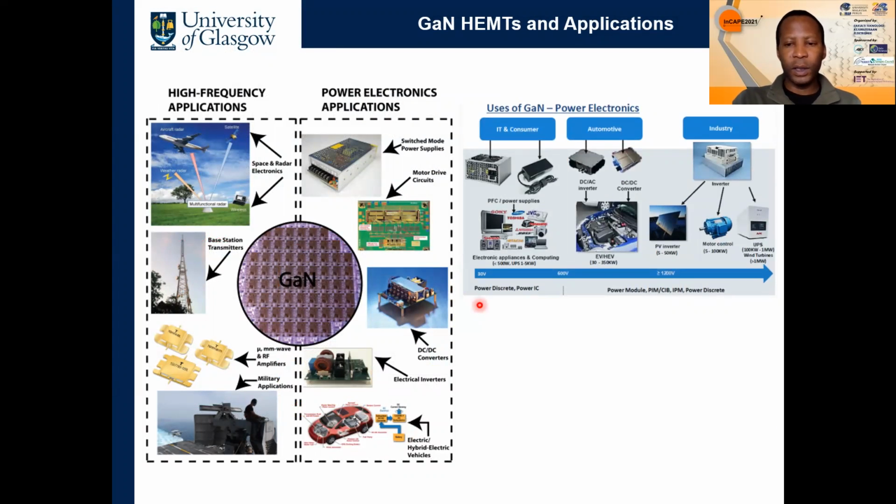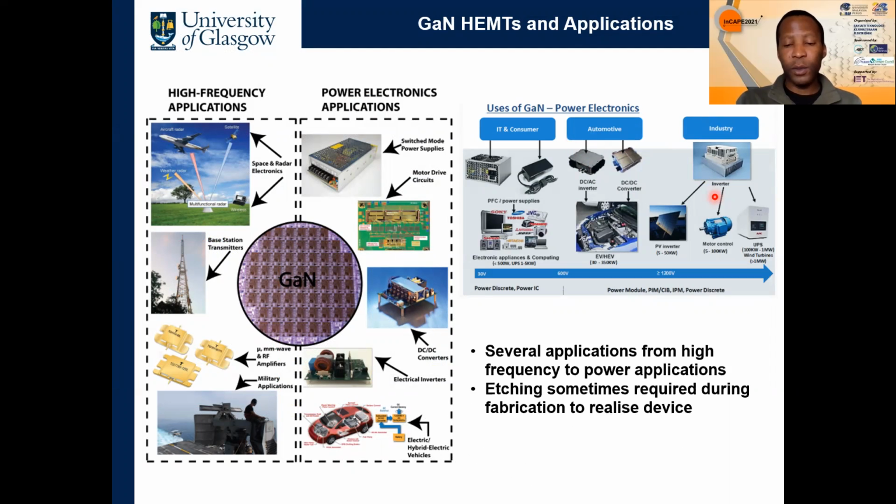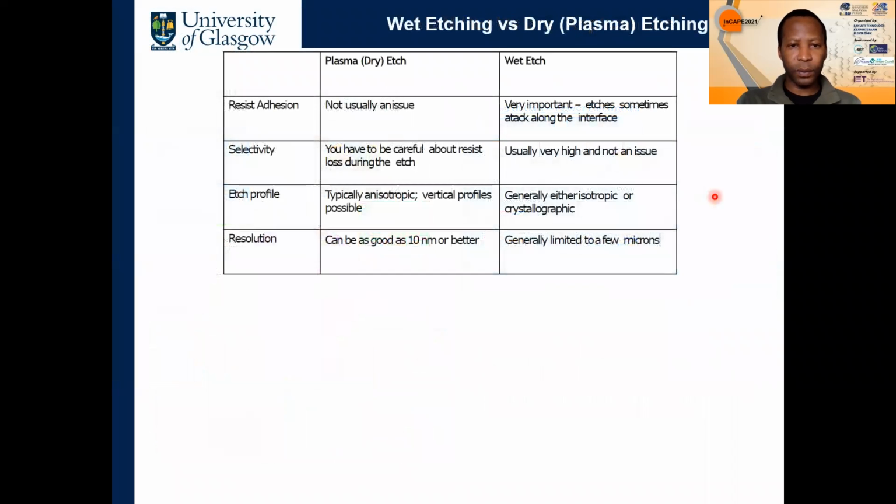Depending on the voltage level, GaN can be used for both IT and consumer electronics, for automotive applications, and high voltage industry. To realize most of these applications of GaN, etching is sometimes required, where part of the epi layer or passivation is selectively removed to fully make the device.